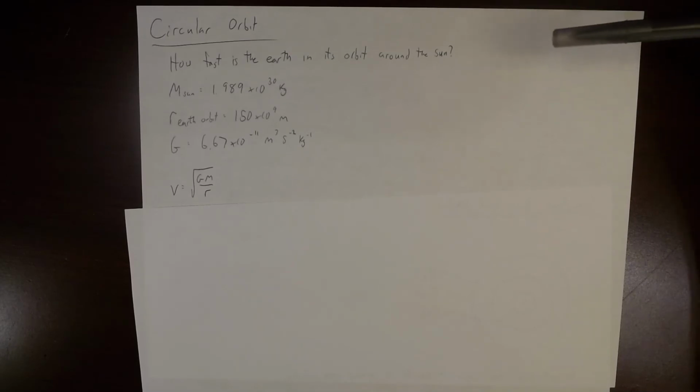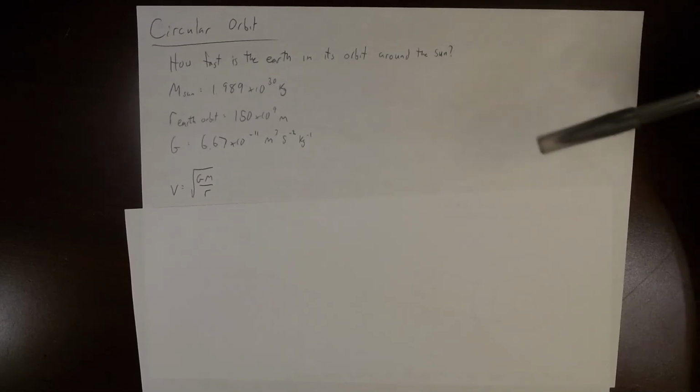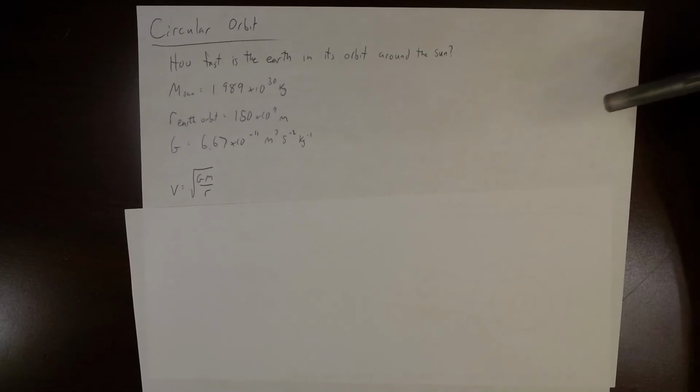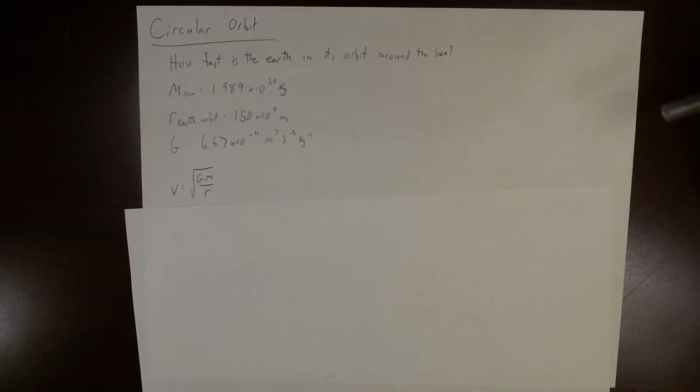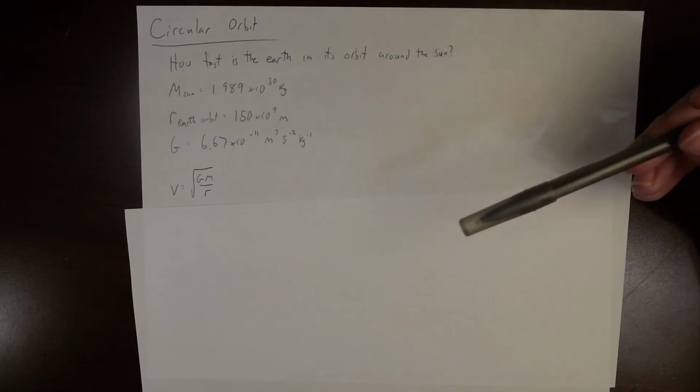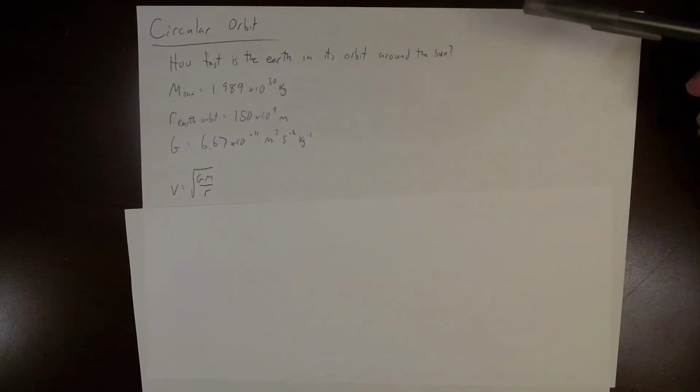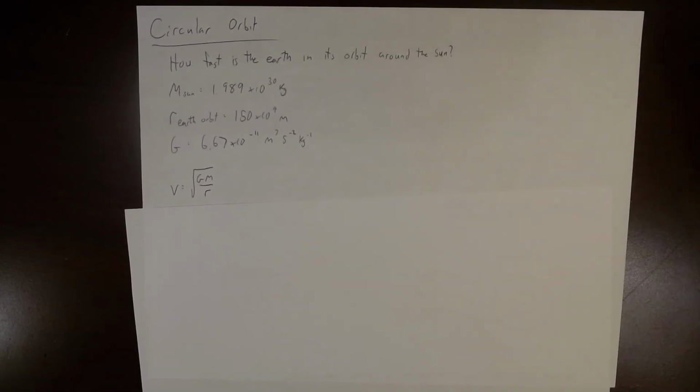I will either tell you that any distance that I give you would be the distance from the center of one object to the center of another object, or I would give you the height above, say, the surface of the Earth. Say a satellite was orbiting Earth at a distance of 300 kilometers above the surface of the Earth.